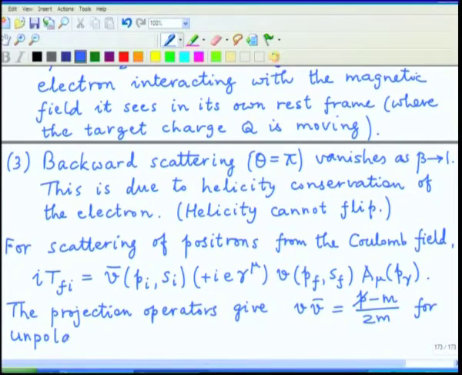So, we have only the energy projection operator and not the spin projection operator.